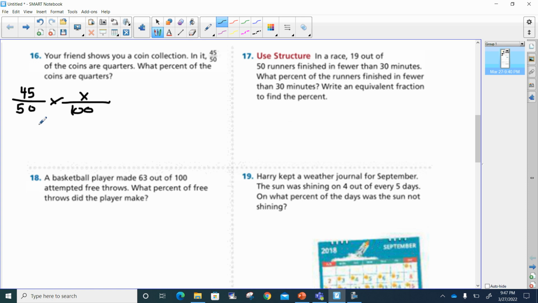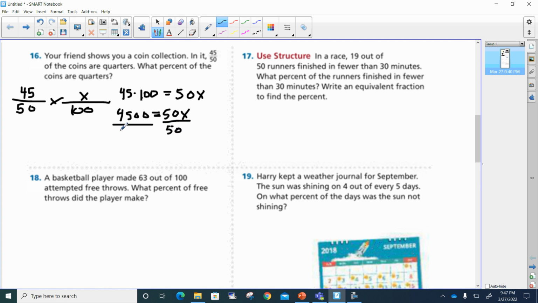So this is going to be 45 times 100, and that has to equal 50x. Well, 45 times 100, there's no secret there, 4,500. That equals 50x. I need to get 50 away from x, so I'll divide it away.